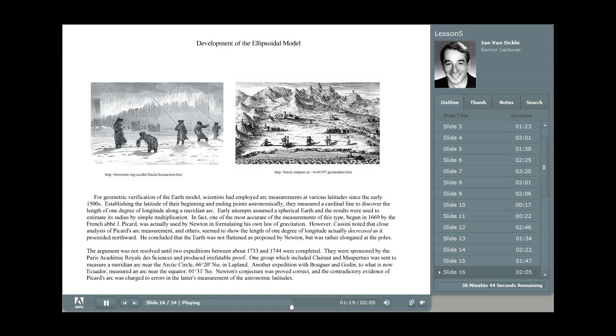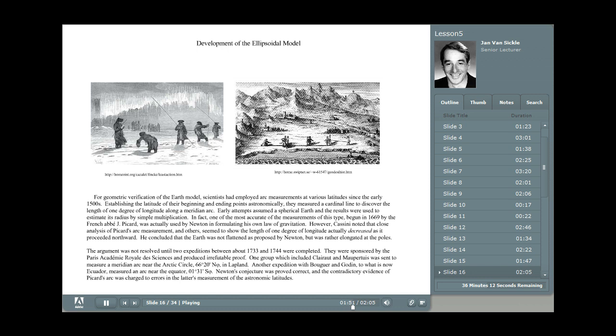So there were many expeditions, and the ones that really resolved the issue were the groups the French sent to the Arctic, 66 degrees north latitude in Lapland, and another that was done near what is now Ecuador, 1 degree and 31 minutes south latitude.